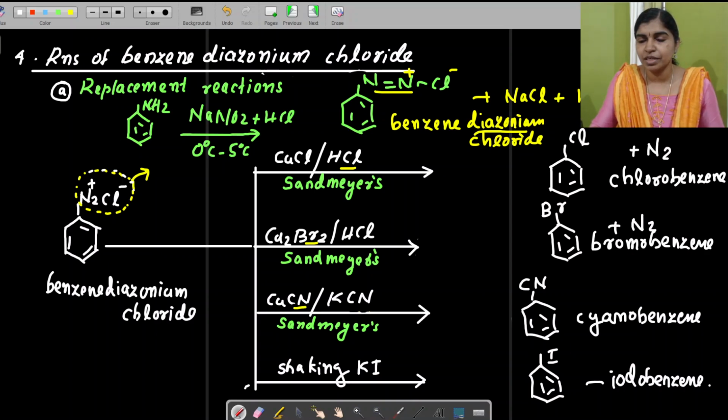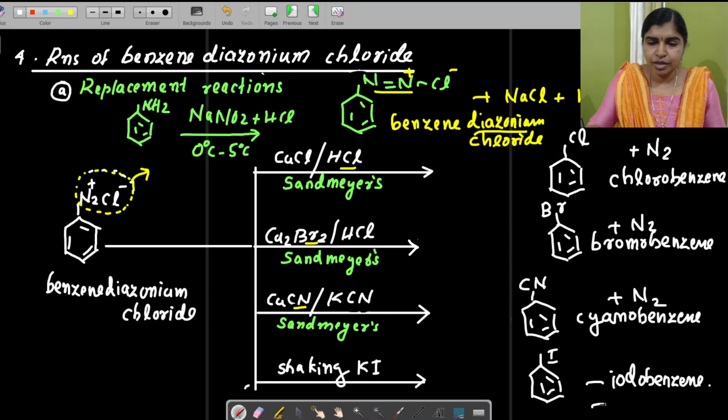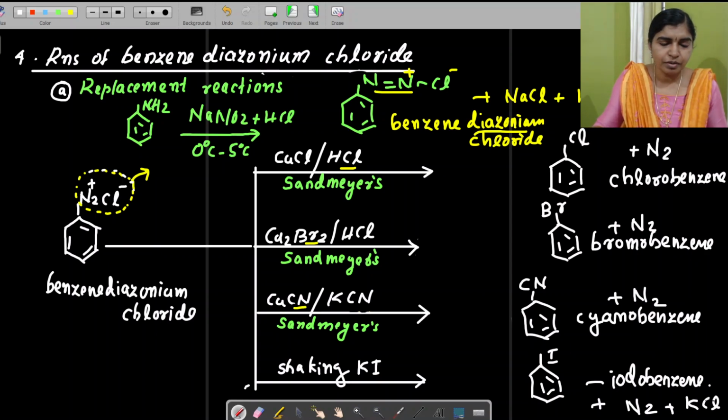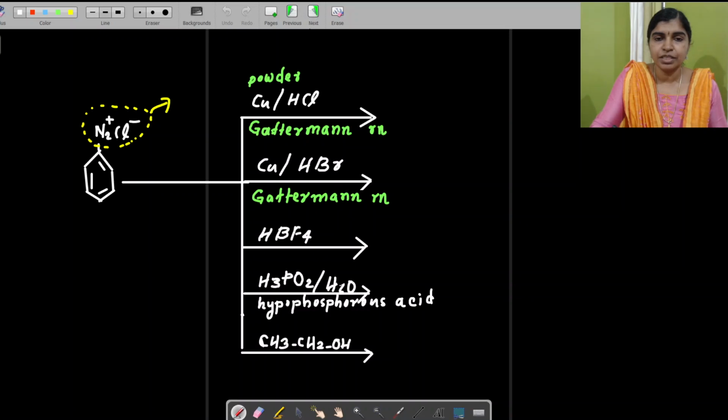Nitrogen is eliminated as a byproduct. Here it forms N2, and here it forms N2 along with KCl, potassium chloride, as a byproduct. In all of them, nitrogen is eliminated as a byproduct.